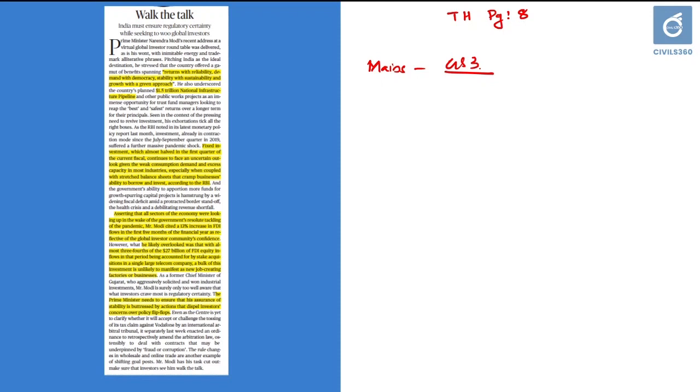Just go through that. And for prelims, you need to understand this one, that is national infrastructure pipeline. This should also be understood for prelims.